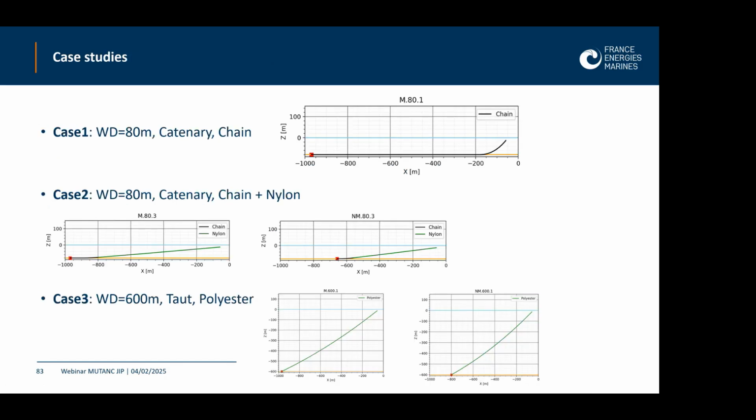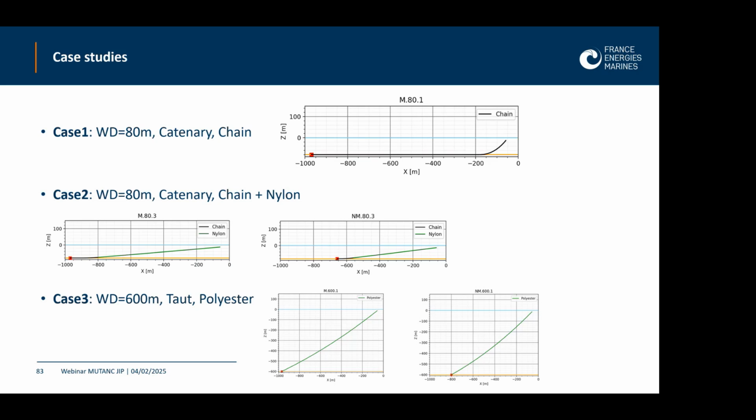So first, we will go through the case studies, based on the cost function that I described before. There will be 3 case studies. First, for a water depth of 80 meters with a catenary mooring line with chain only. Then for a water depth of 80 meters with catenary mooring line and chain plus nylon.